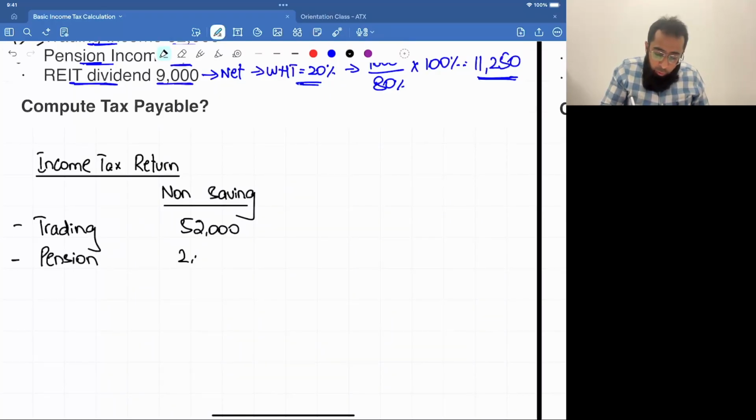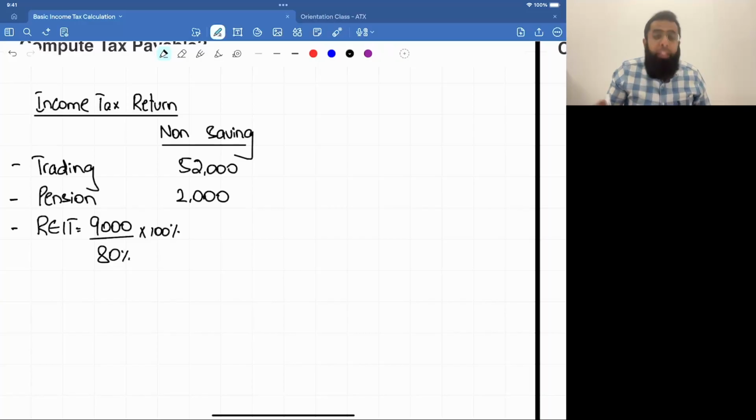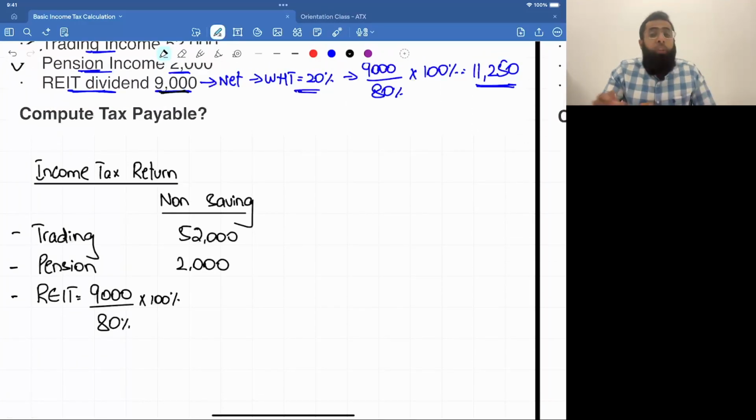And real estate investment trust, it is 9,000, which you received, divided by 80%, multiplied by 100%. You received 80%, so the gross amount is 11,250.